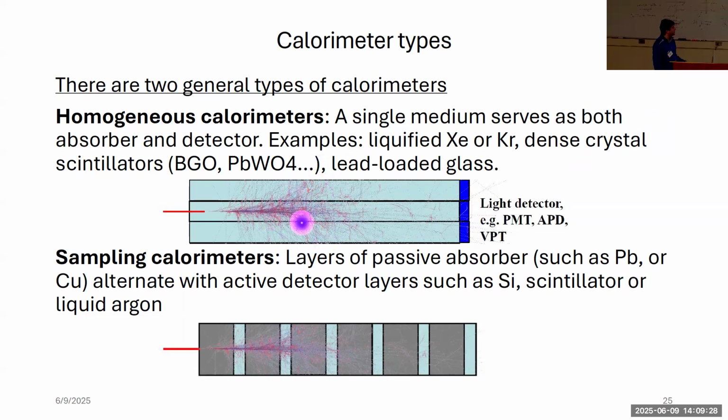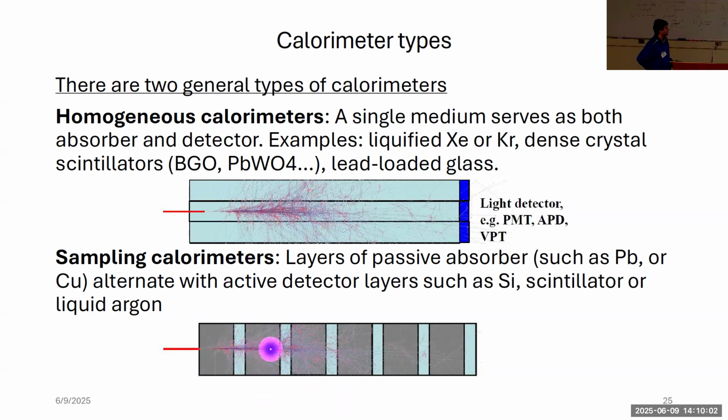And the idea is that whenever you produce these showers, you need some kind of detector in the back, say a light detector that will detect the amount of light that is proportional to the amount of light produced. And then you can also have sampling calorimeters. You can think of these as a sandwich, with alternating layers of absorber material, which can be lead or steel or copper, basically what we were talking about before.